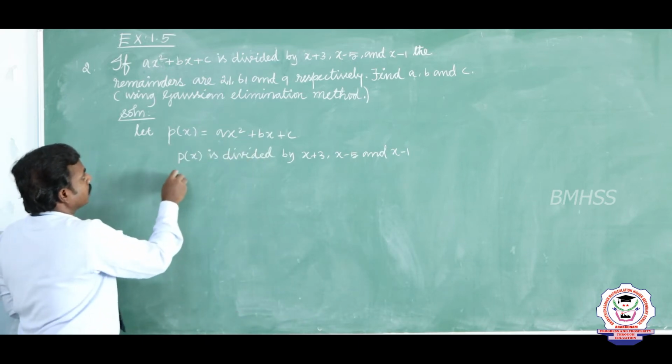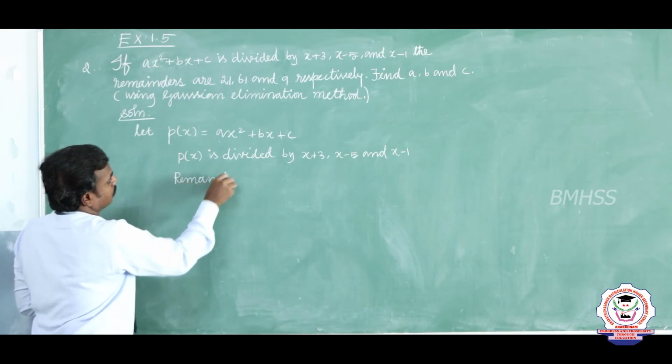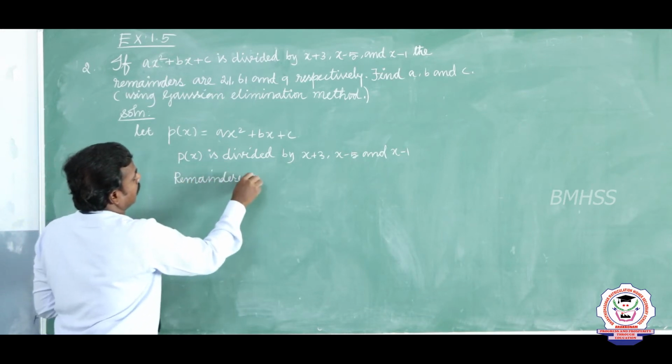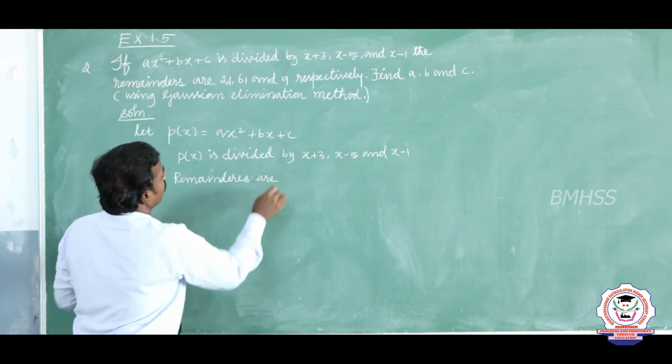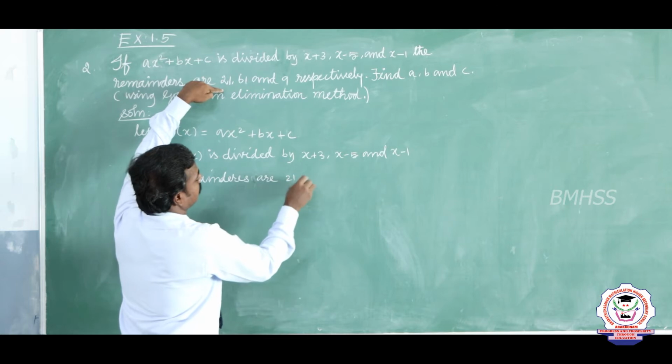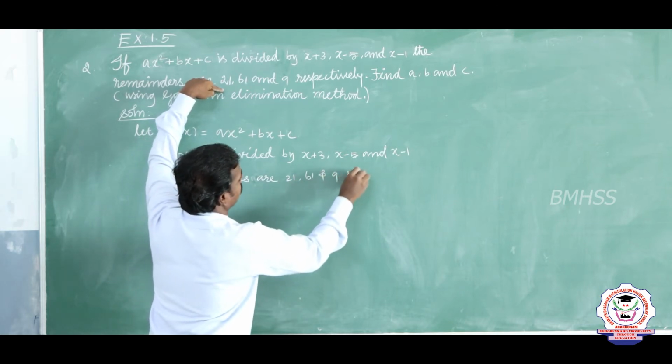Therefore, the remainders are 21, 61 and 9 respectively.